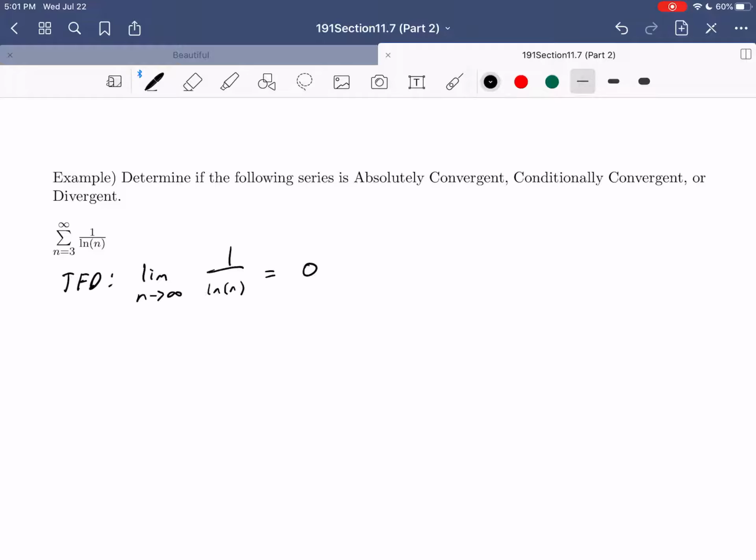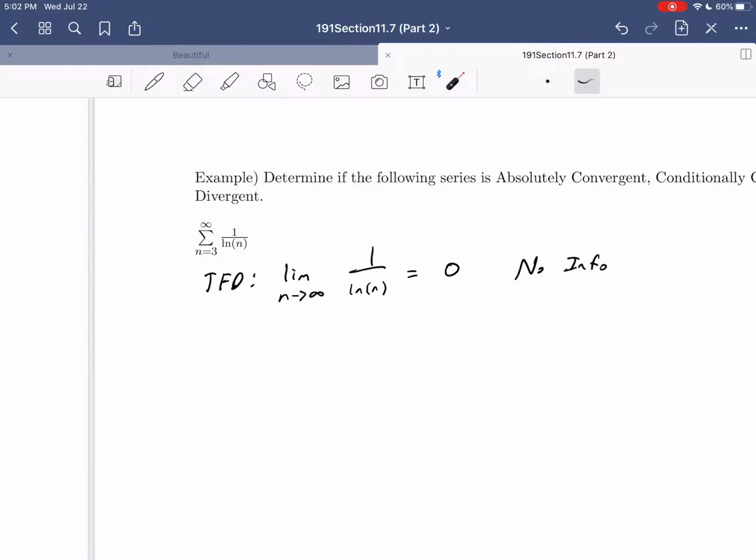But what we were saying is we know that there are some power functions, n to different powers, that don't converge. We know that there are some p series that don't converge. Things like 1 over n or 1 over the square root of n, those have powers that are less than or equal to 1, and we know that those diverge.